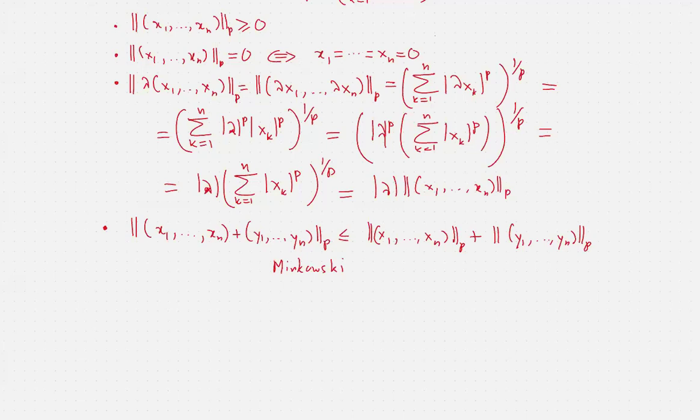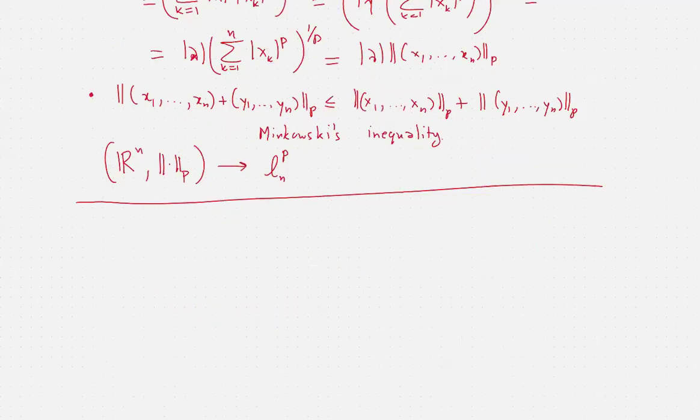So this means that Rn with this p-norm is what we usually denote as LP, and we put a subscript n, implying that this is the finite dimensional analog with dimension n. And of course, like every finite dimensional space, it is complete. It is a Banach space.